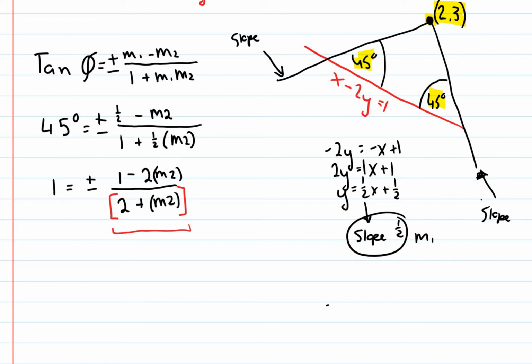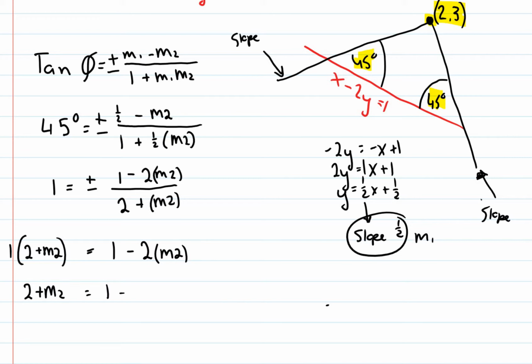And that would be great. But if I do it to one side, I must do it to the other. So I'll multiply the right hand side by 2 plus m2, and I'll be left with 1 plus 2m2. I have the 1 over here, but now I multiply that by 2 plus m2, and I will get 2 plus m2 over here. That will leave me with 2 plus m2 equals 1 minus 2m2.